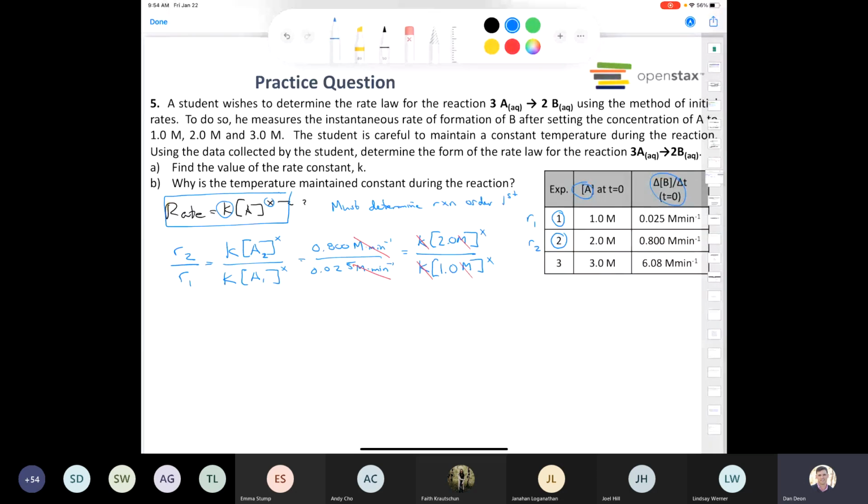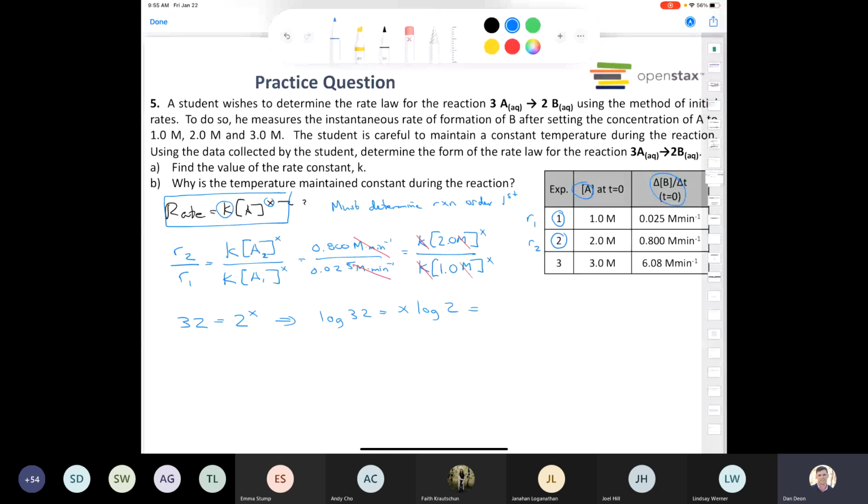If you take 0.8 and divide it by 0.025, you get 32, which is equal to 2 to the power of X. Now, how do we solve for X? Well, you could just do it in your head and say 2 to the power of 5 gives you 32. Or you could solve it using logs. You could take the log of both sides: the log of 32 is equal to X times the log of 2.